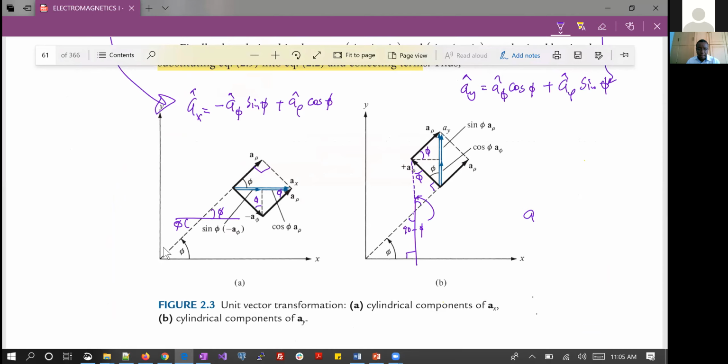And here is the idea that first of all, you want to convert from cylindrical components to Cartesian unit vectors. And so here we have x and y, which is in Cartesian.